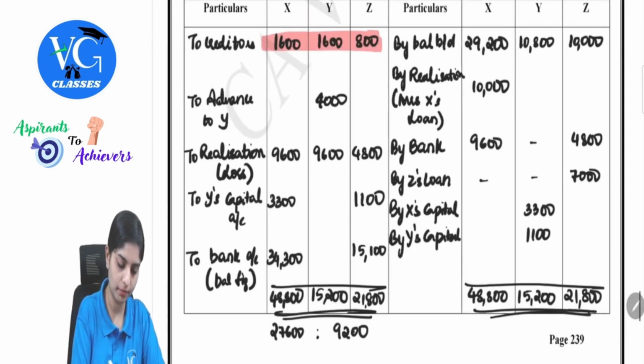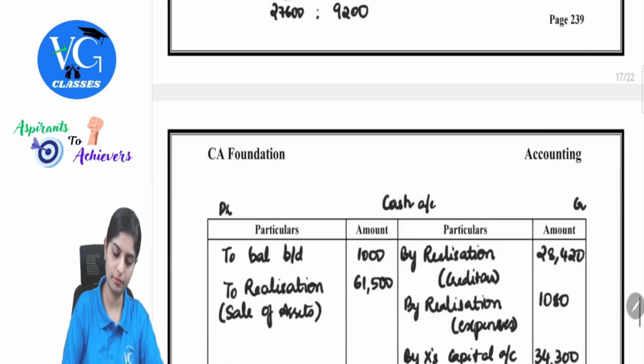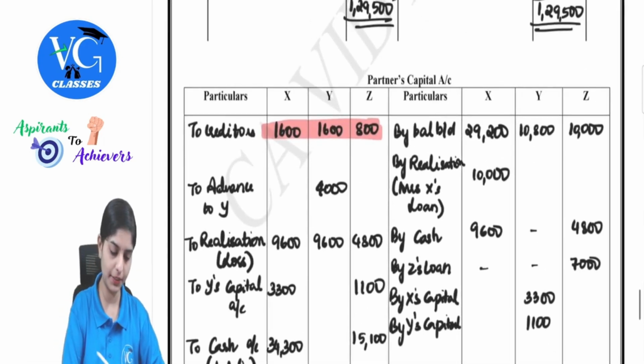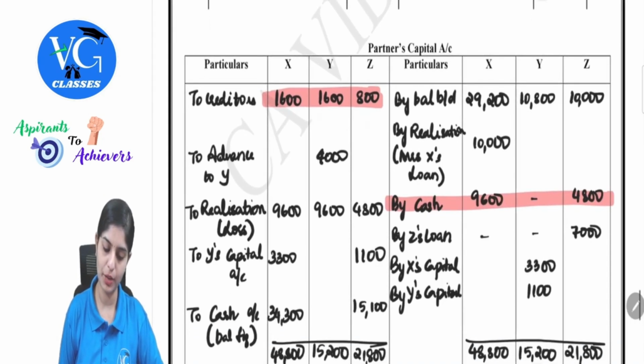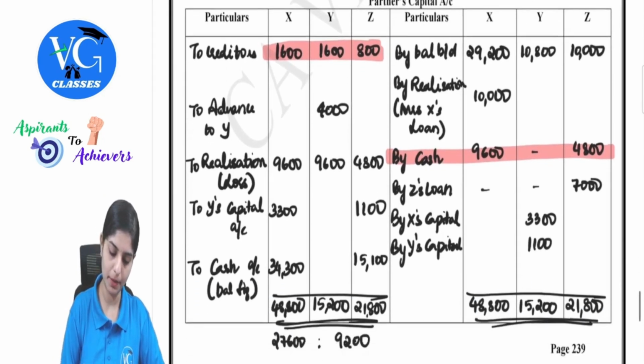So here, since I'm used to writing bank, I've written bank and bank. So just replacing this with cash. So here, this entry needs to be recorded. By cash to capital means to X's capital.